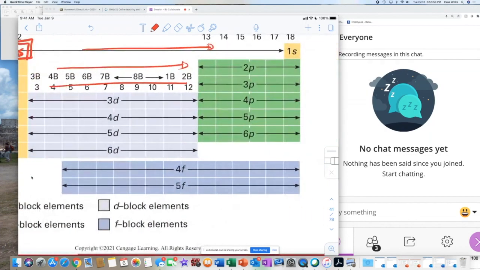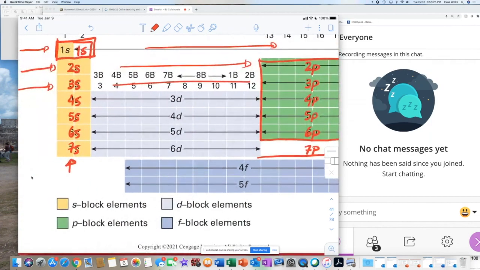When we get to the P block, the green region right here, the lowest level possible is, you can't count this because technically that belongs to S, the energy level 2. So we have 2p, 3p, 4p, 5p, 6p, and technically we have a 7p here, but 7p is missing.